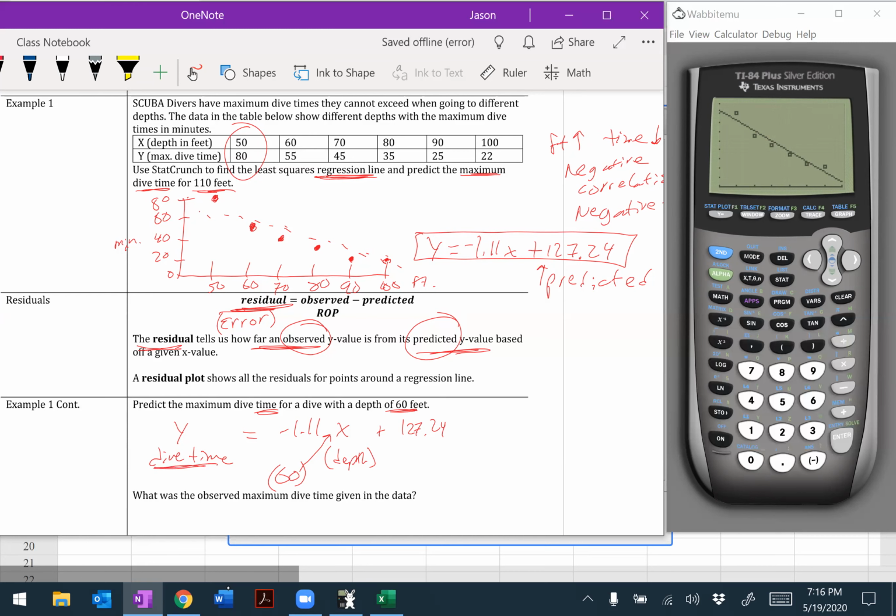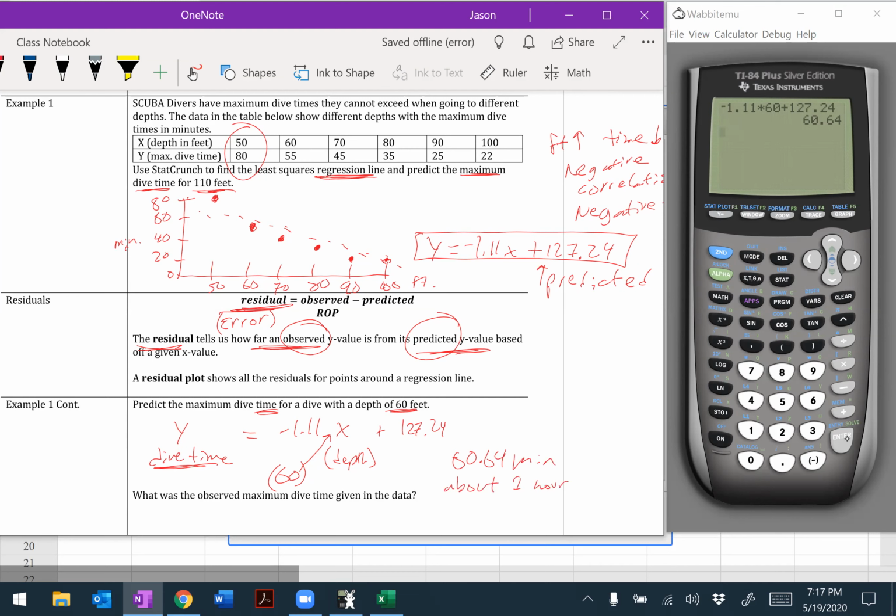Okay, so let's do that. What's negative 1.11 times 60 plus 127.24? Okay, that's 60.64 minutes, or about an hour, about 1 hour.